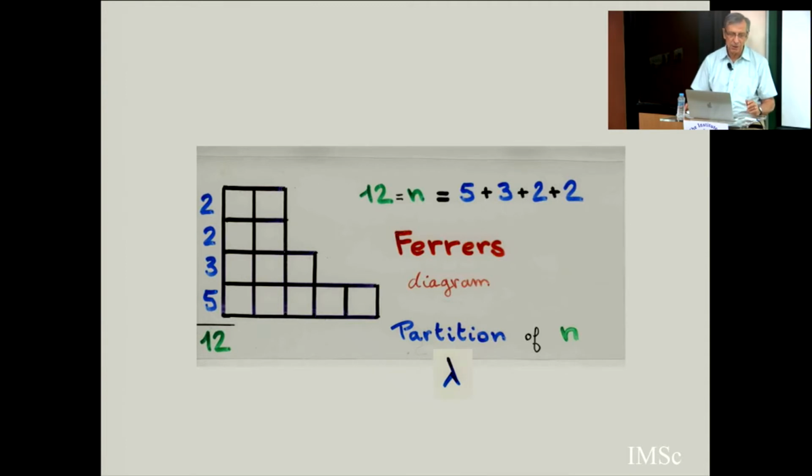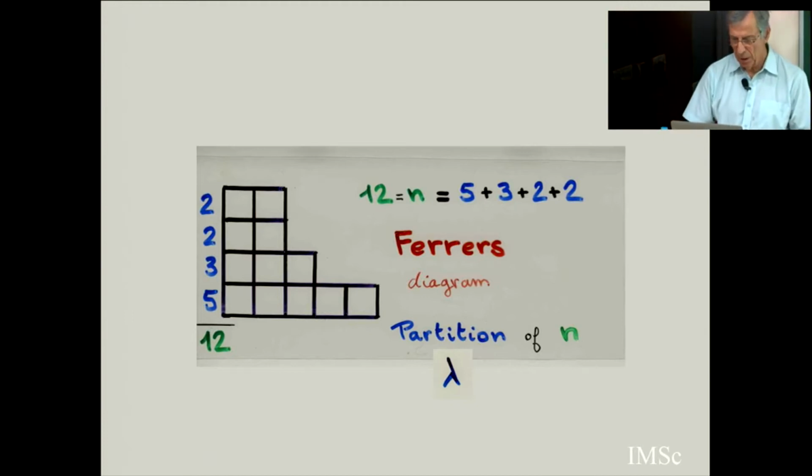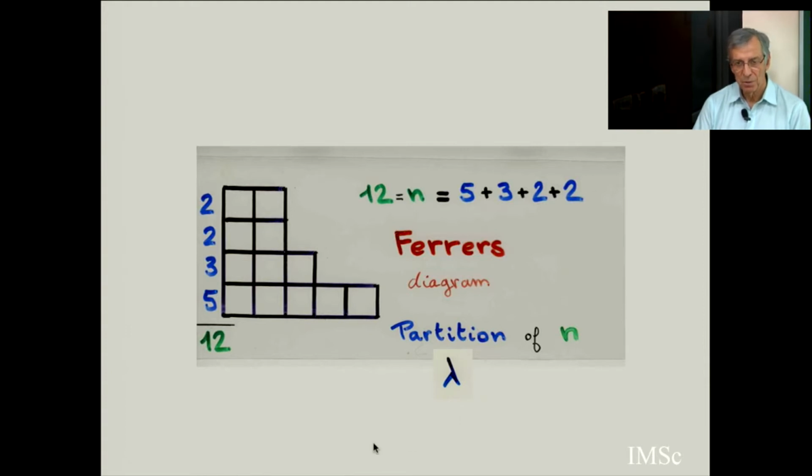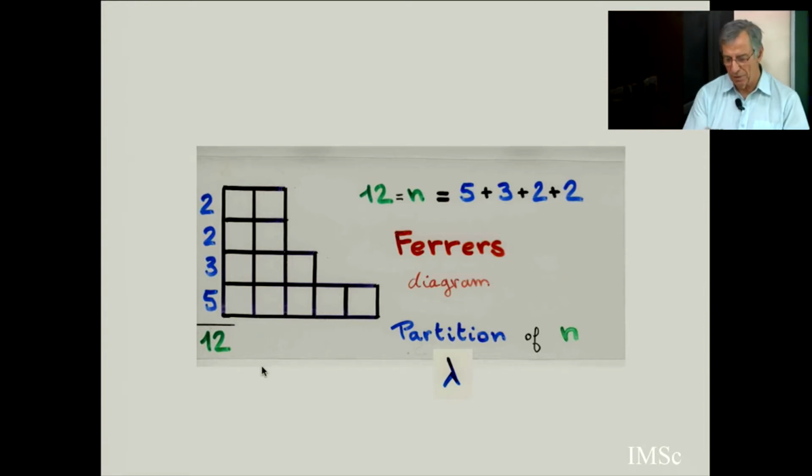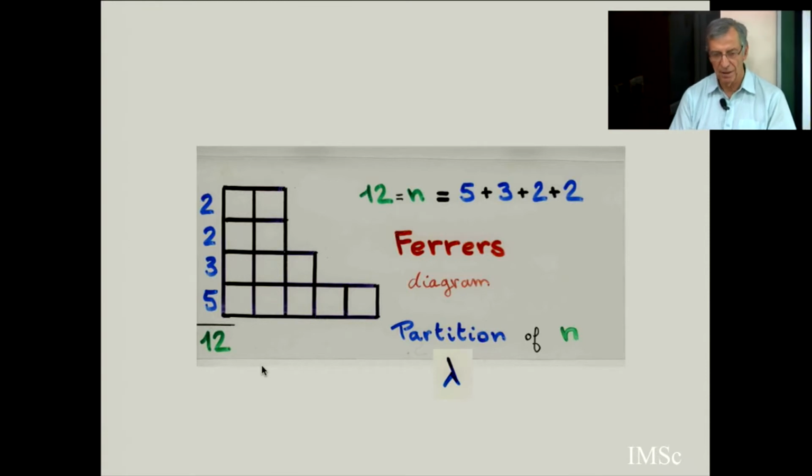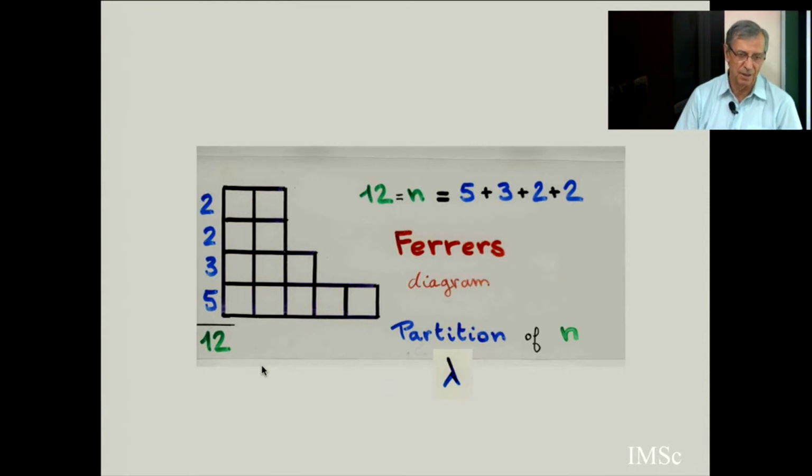Usually a partition is visualized as a Ferrers diagram: you put your numbers in rows, 5, 3, 2, 2, the number of cells of the Ferrers diagram. Physicists call this a Young diagram.